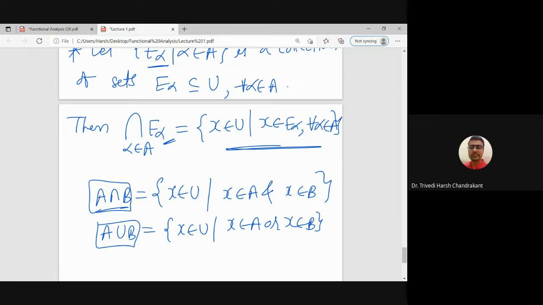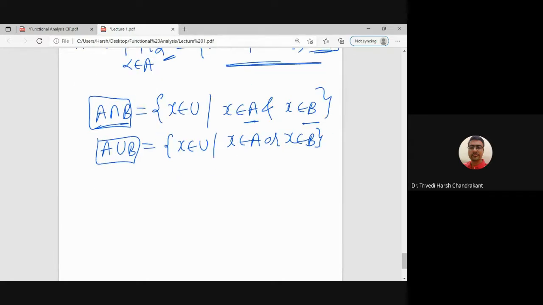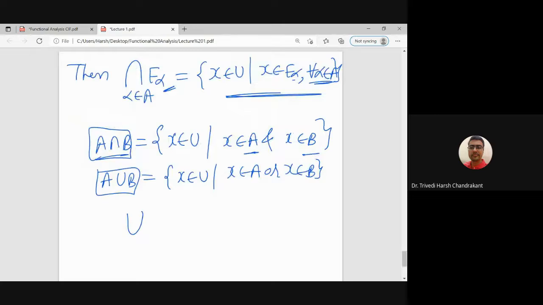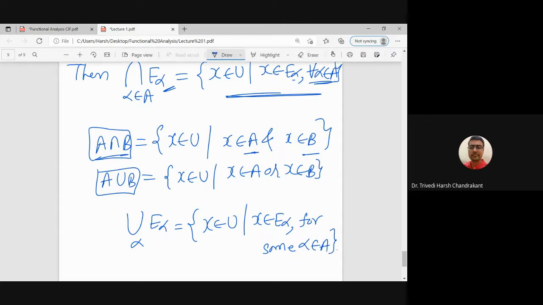Intersection means x belongs to each set, right? x belongs to E alpha for every set E alpha. Similarly, union is defined as those elements of the universal set such that x is in E alpha for some alpha in A. This way we can define the arbitrary union and intersection.